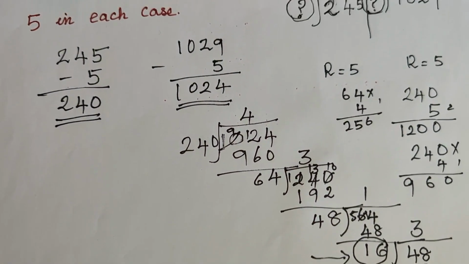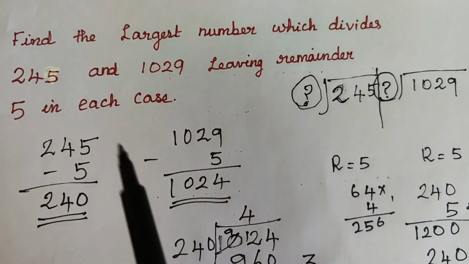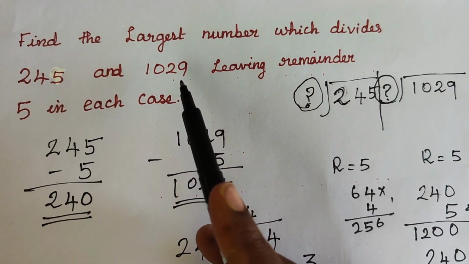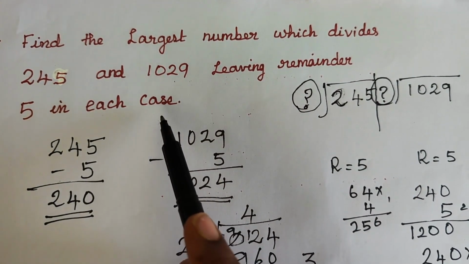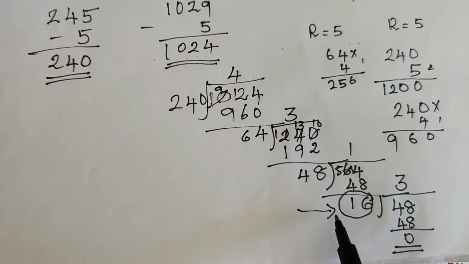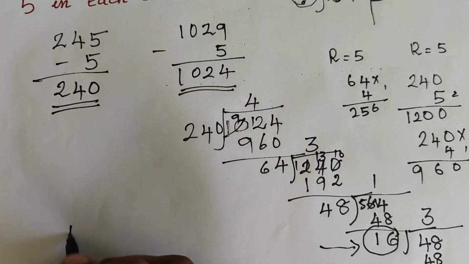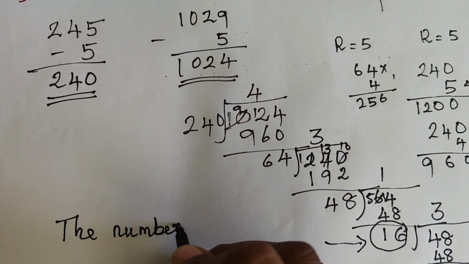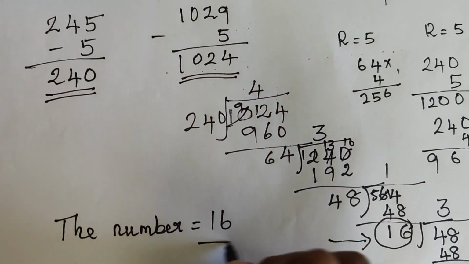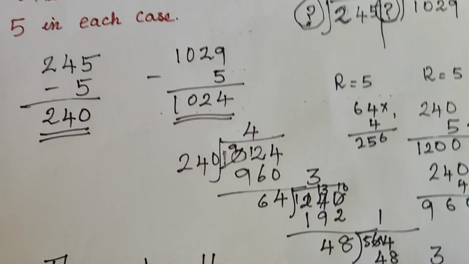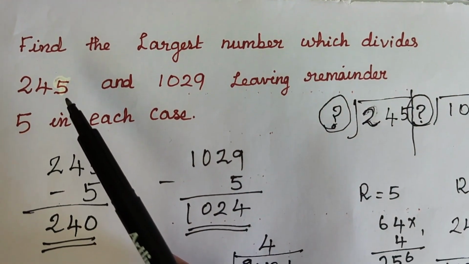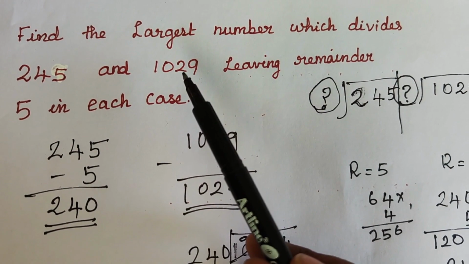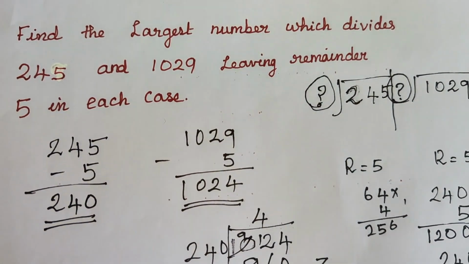So here the number which divides 245 and 1029, leaving remainder 5 in each case, is the HCF, that is 16. The required number is 16. So the meaning is that if you divide 245 by 16, you will get remainder 5. If you divide 1029 by 16, you will get remainder 5.